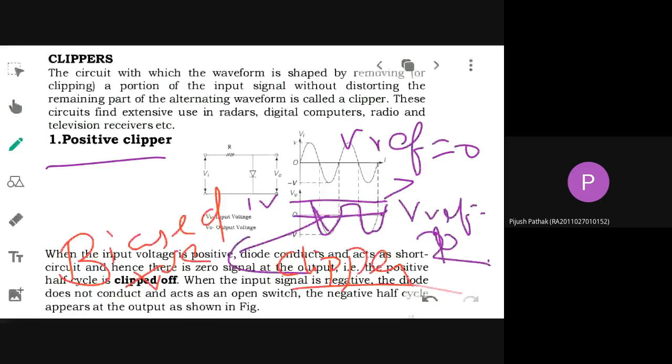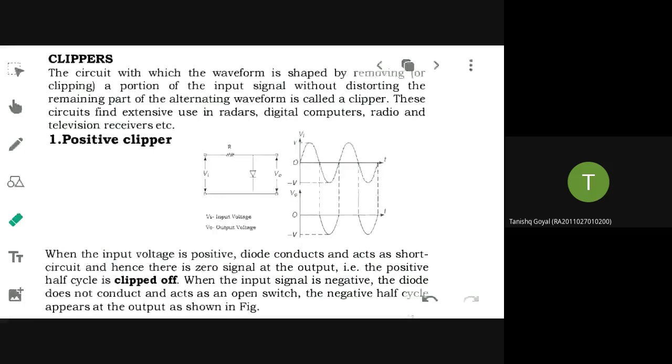Did you understand the difference between unbiased and biased clippers? Have people understood the biasing concept in a clipping application? Here it is an unbiased clipper only because V reference is set to 0. There is no reference voltage given here.